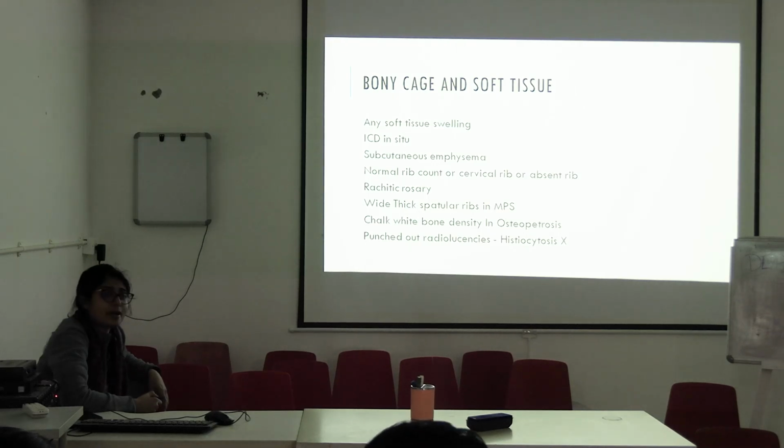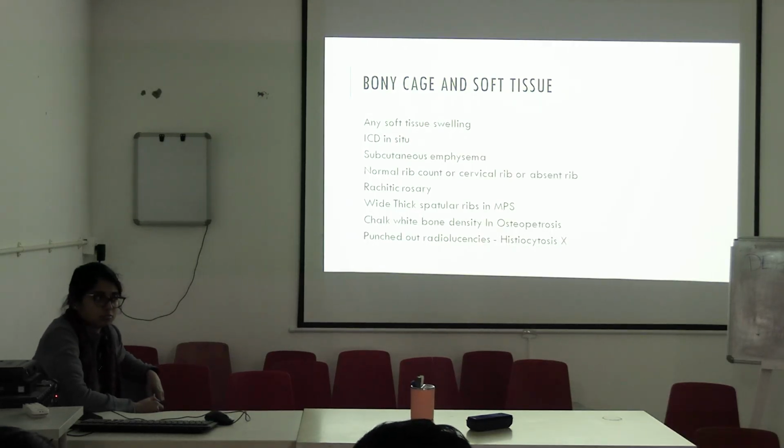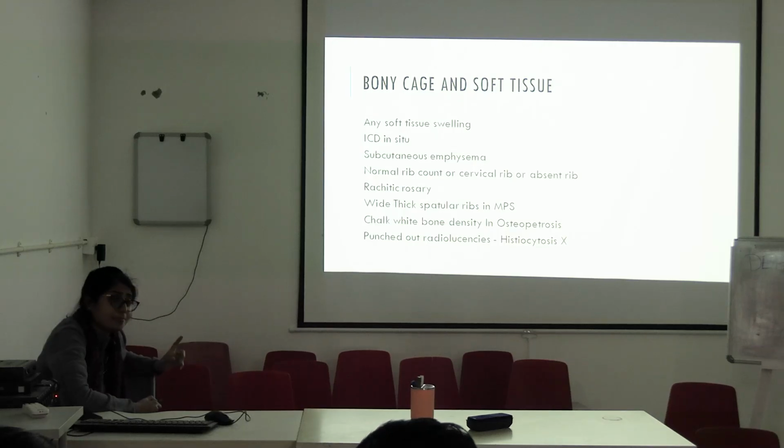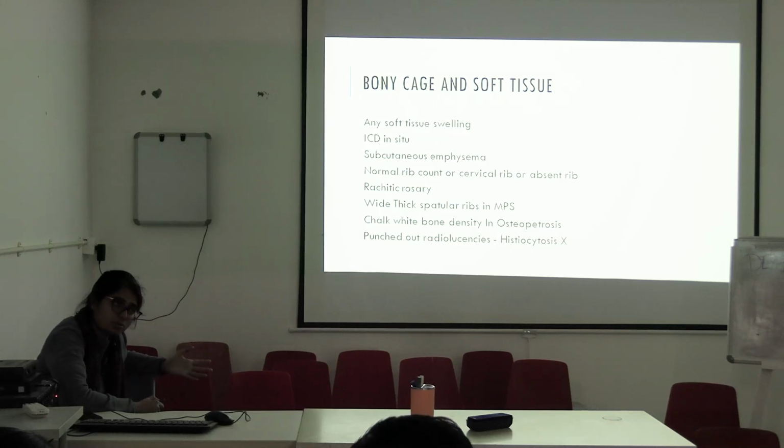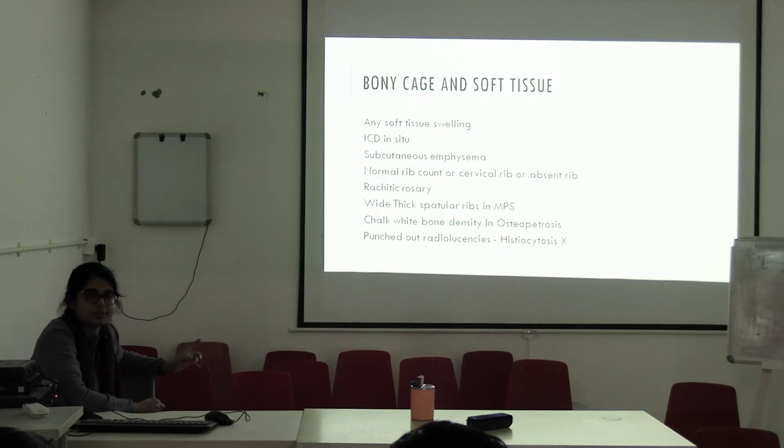The ribs are abnormal in shape, they just look like white thick spatula. এই ছবিটা you can see the picture in Bedside Clinics by Dr. Shivarjun Ghosh. Just go after the class, when you return to the hostel, just open the book. In this X-ray chapter only you will get to see the picture. White thick spatular ribs in mucopolysaccharidosis.